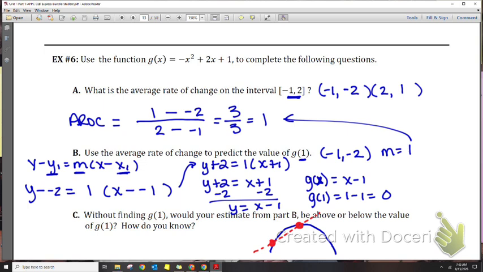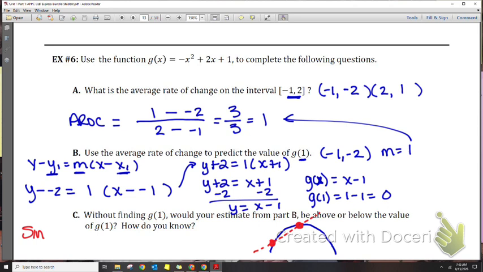Okay, so either place we place our points, when we draw our secant line, it's going to be below the actual curve.